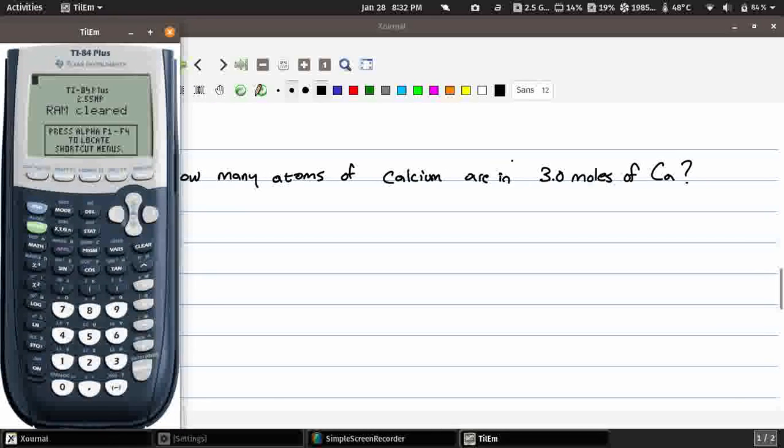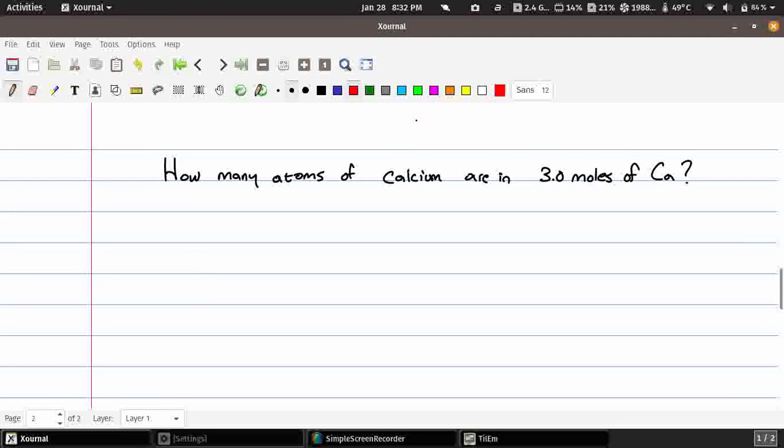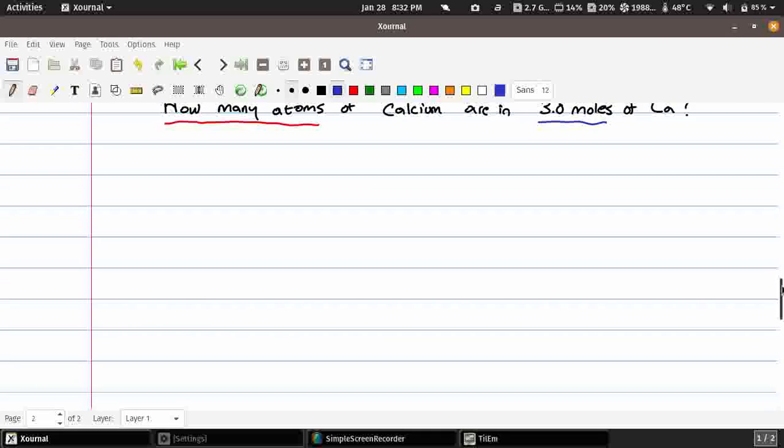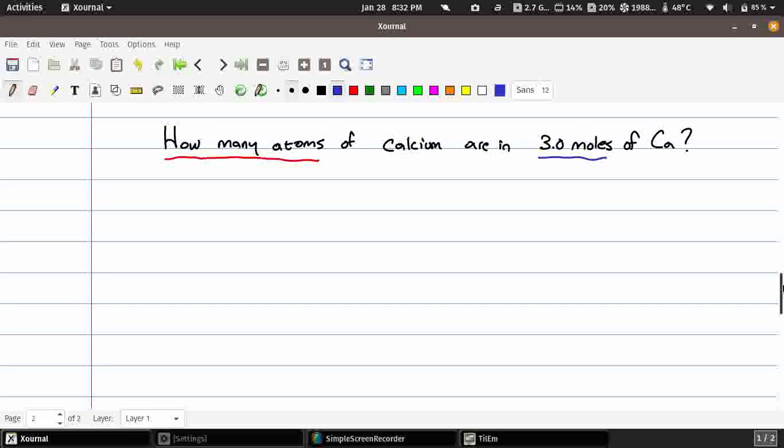So how many atoms of calcium are in 3 moles? So it's kind of like a simple math problem where you really just have to read it and figure out what I'm asking you. So you're trying to find how many atoms. I gave you 3 moles. It's kind of like when they give those weird math problems and some dude bought like 64 pumpkins at the supermarket. And you're like, well, why do you do that? Really, you just need to focus on the number. So when you see the number, write it down.